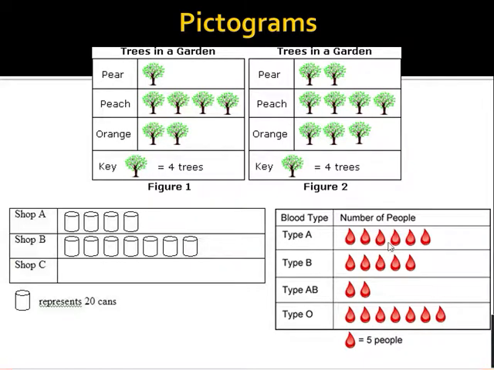So, here there are 6 such pictures, which means that 30 people are of type A. Here 5 into 5, 25 are of type B. Here 2 into 5, 10 are of type AB, and here you have 7 into 5, 35 are of type O. Here you can see the number of cans in a shop. Here one picture represents 20 cans. So, there will be 80 cans in this shop, and here you have 140 cans, like that. So, this is what a pictogram represents.